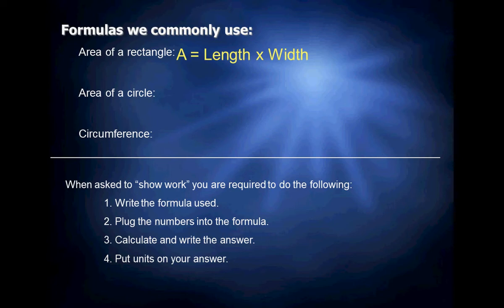How do we calculate the area of a circle? Holly? Diameter times diameter. No? Dean? Diameter times pi? No, that's circumference. Area of a circle is pi times radius squared.